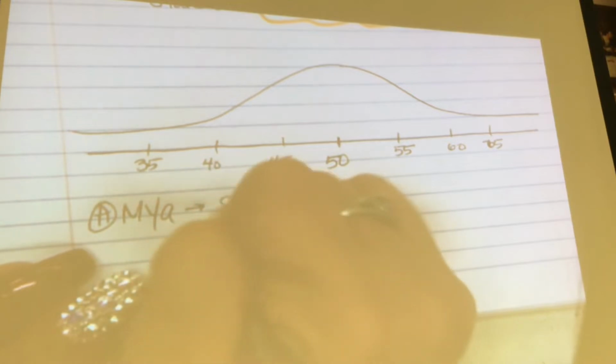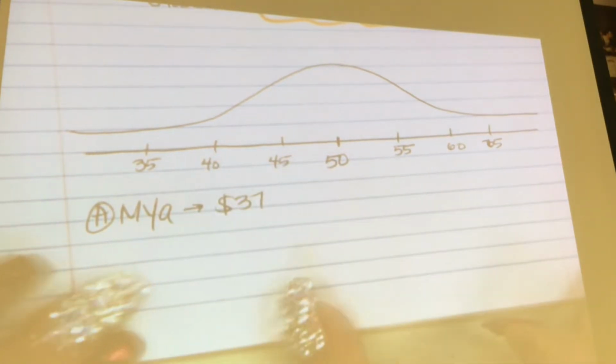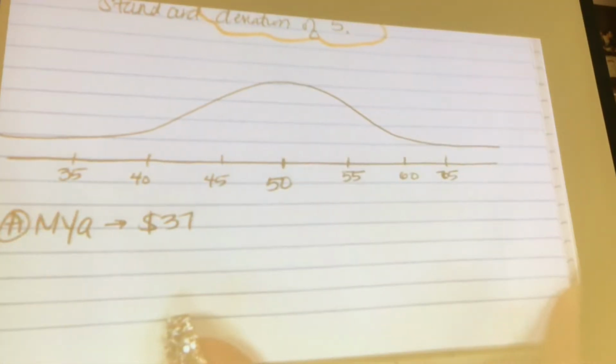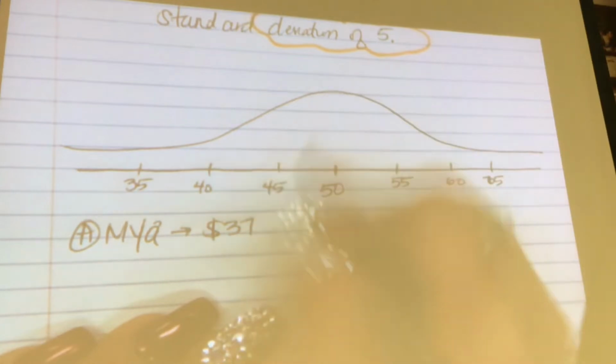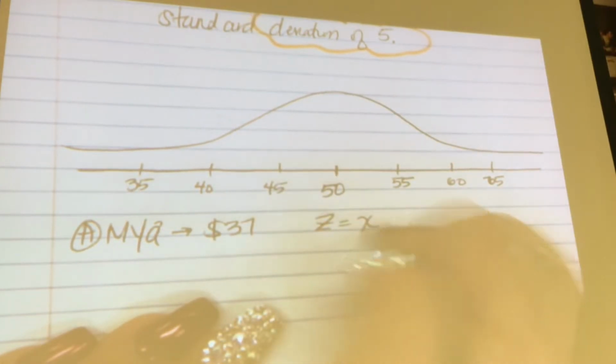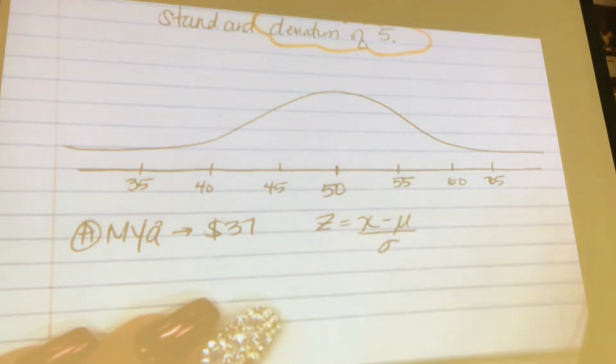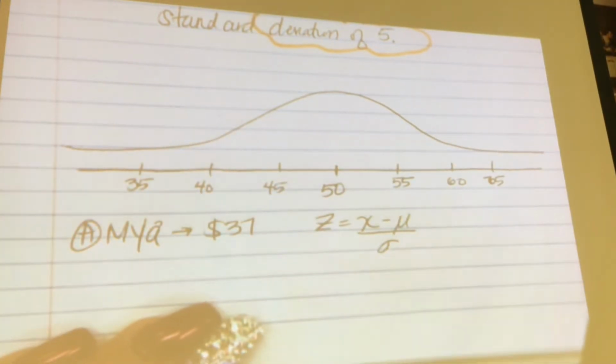All right. Let's say I give Maya $37, and I want to find her z-score. Well, I'm going to use the formula given to me, which the z-score is her value minus the mean over the standard deviation. This is her value.